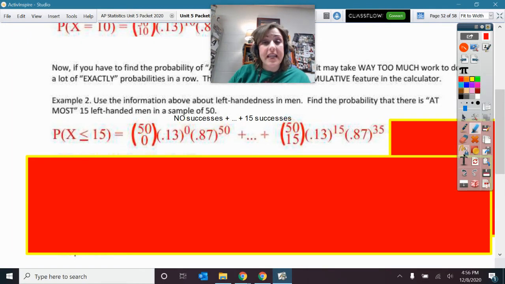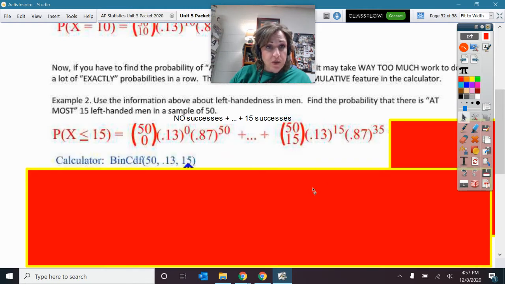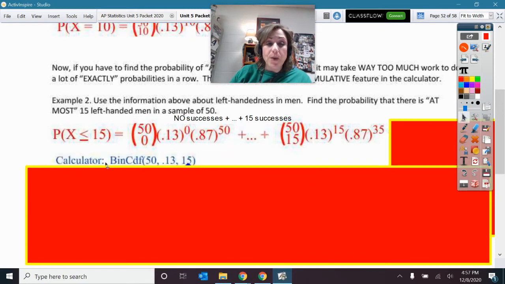Now we can just let the calculator compute that for us. So calculator-wise, which you do not have to show, here is what happens. We can do binomial CDF, and it computes from the lower part up to a certain number of successes.